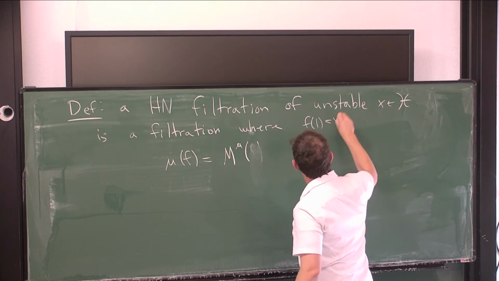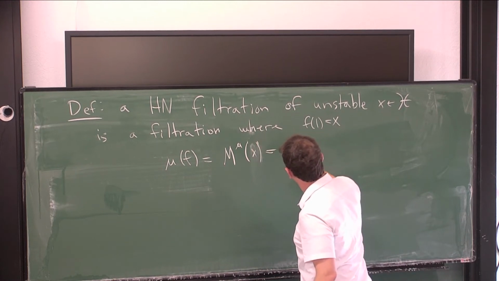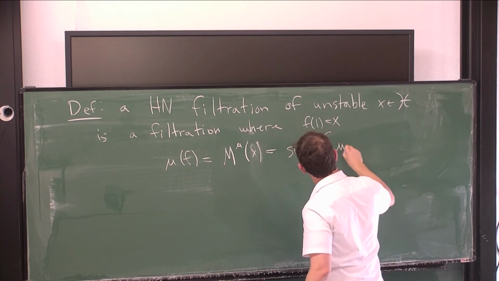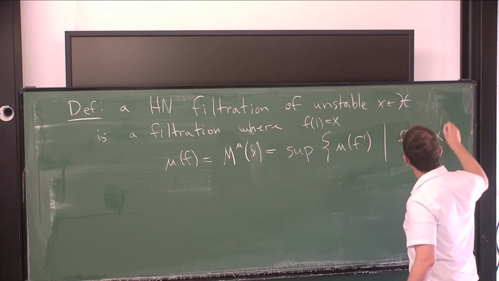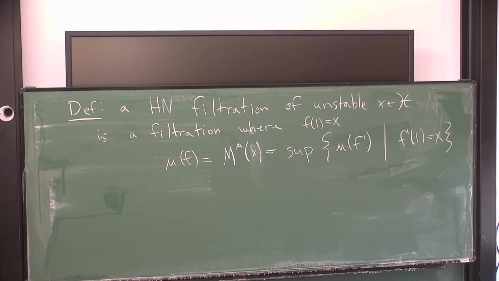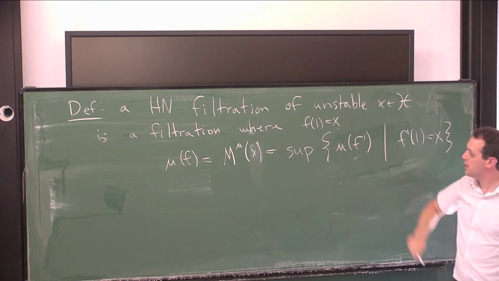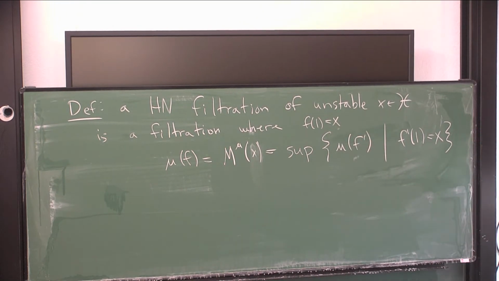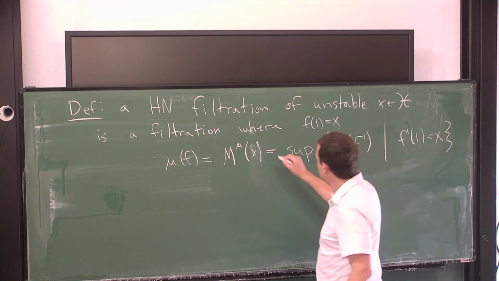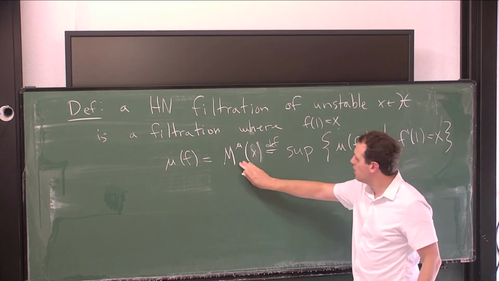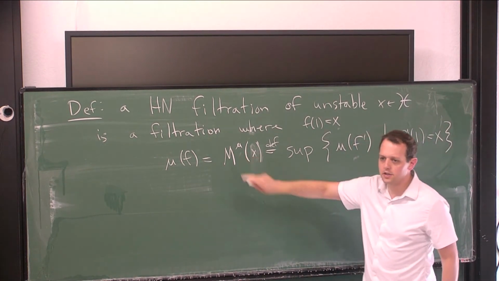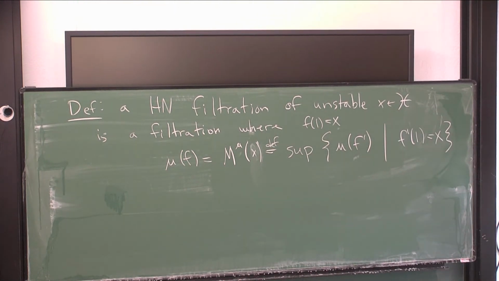So a filtration that realizes the supremum over all filtrations of a particular point x is called a Harder-Narasimhan filtration. And this function, which assigns any point to the supremum over all filtrations of the value of the numerical invariant, is sort of measuring how unstable a point is.